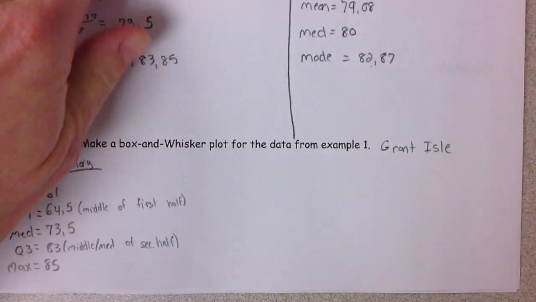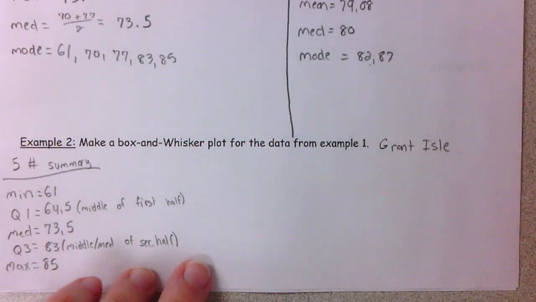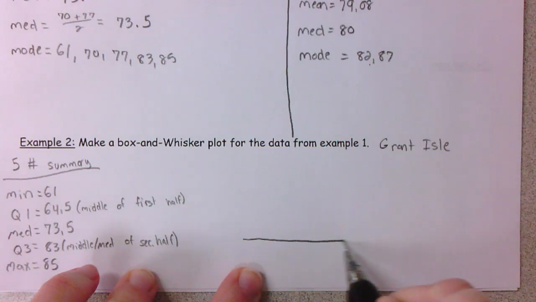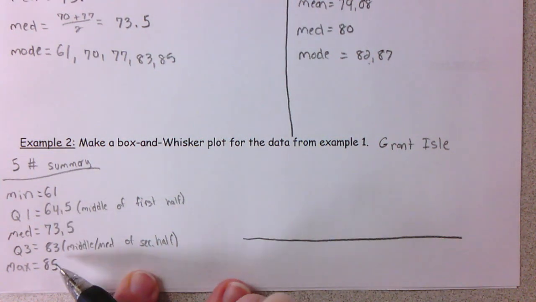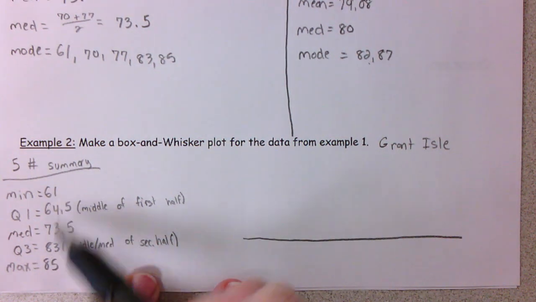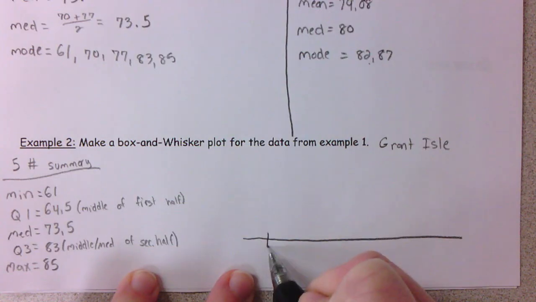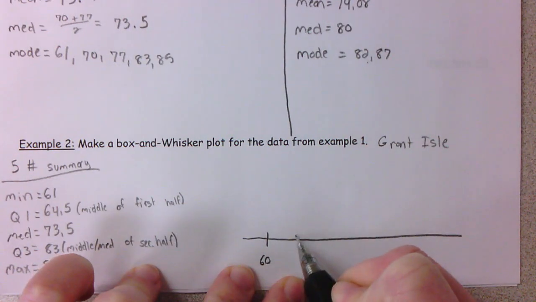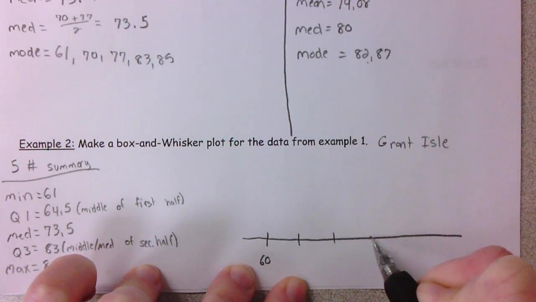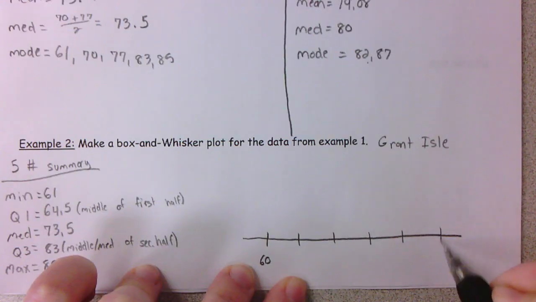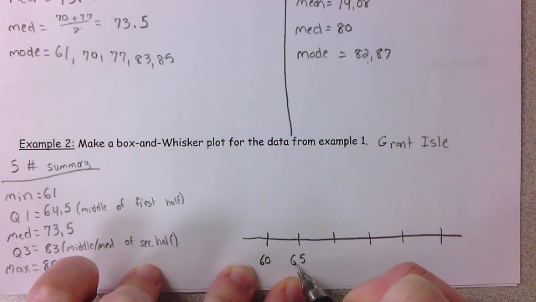So when we actually do our box and whisker plot, we will put a scale. It goes 60 to 85, 61 to 85, so I'll start with 60 and go up by 5s. So 60, 65, 70, 75, 80, 85. So this scale will always change.